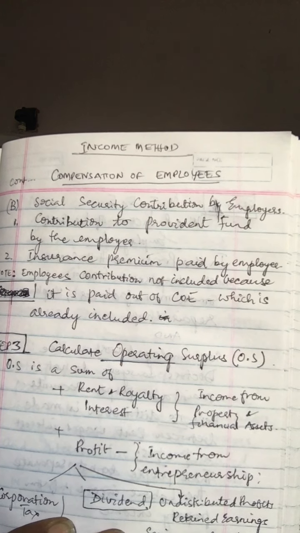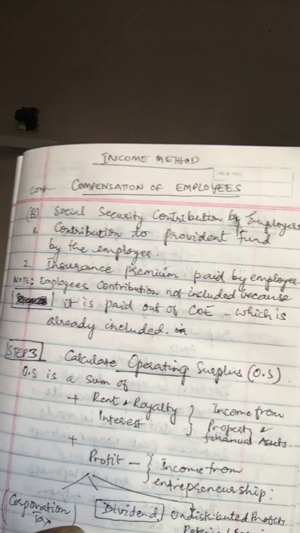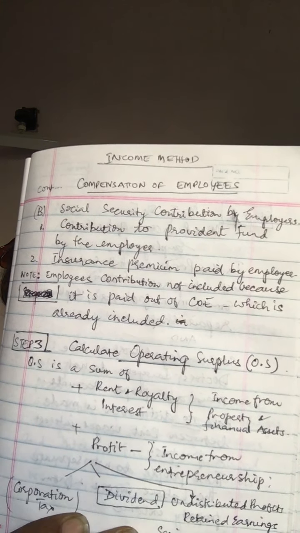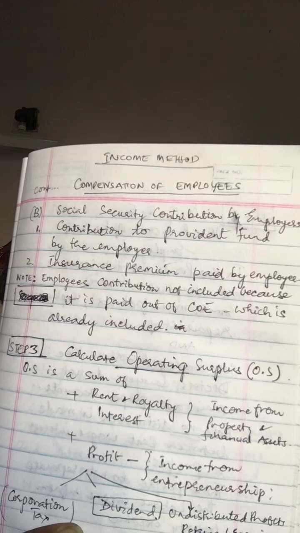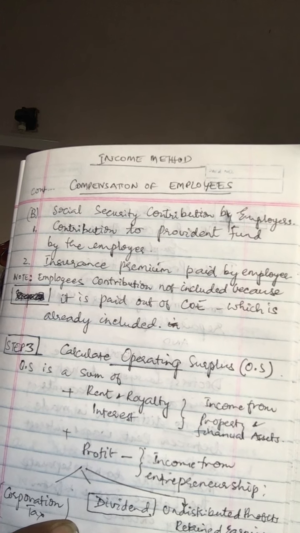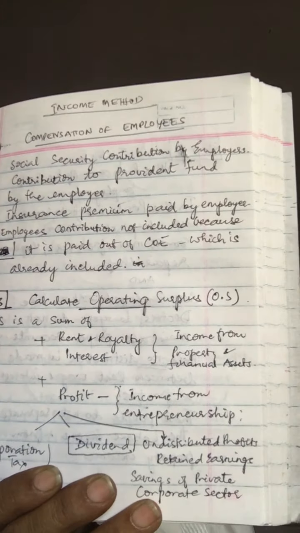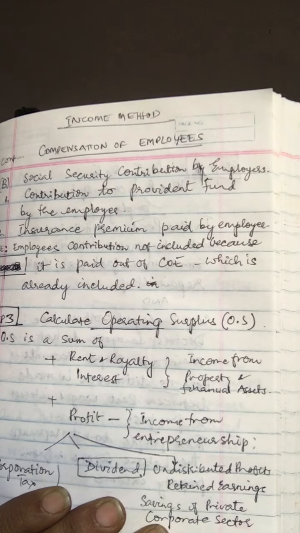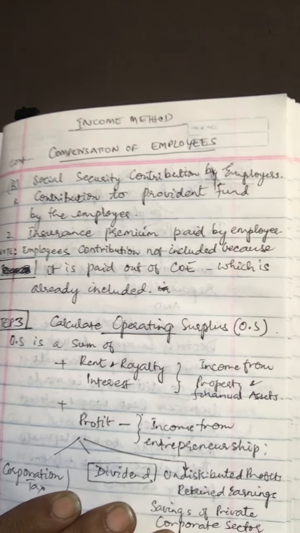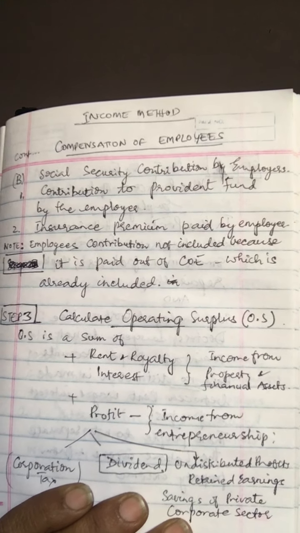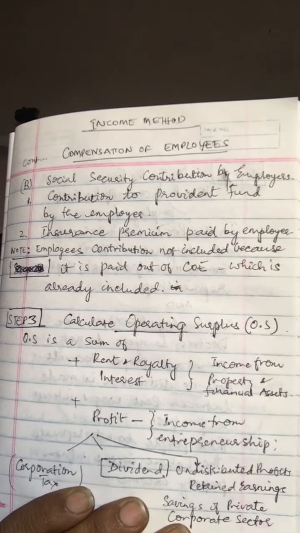They include contributions of employers towards social security schemes like casualty insurance, life insurance, provident fund, gratuity and pension provisions, or any other schemes which benefit employees. And why is the other part, the employees' part, not considered? Because that has already been counted, so that is why it's not added up there.